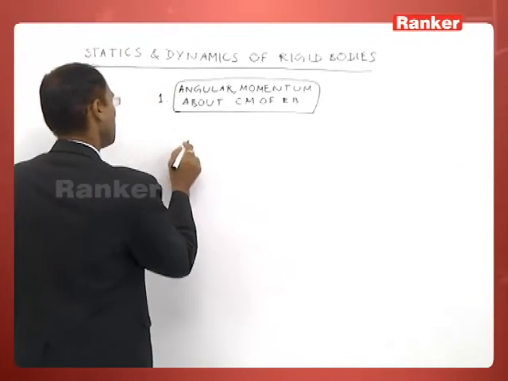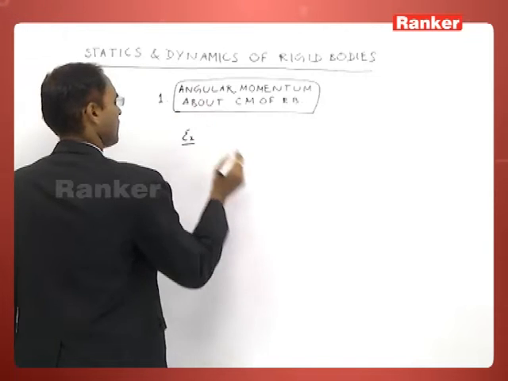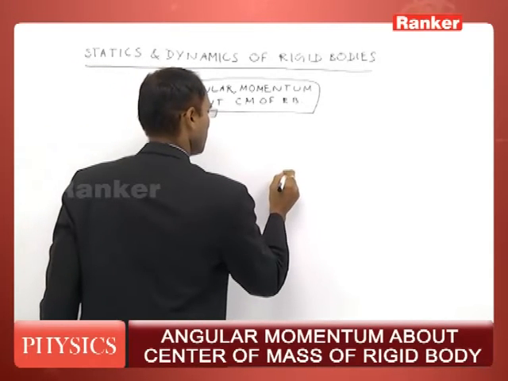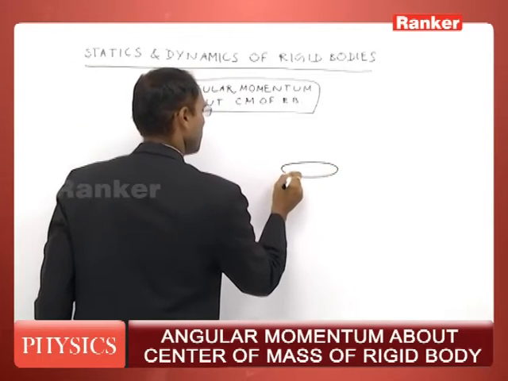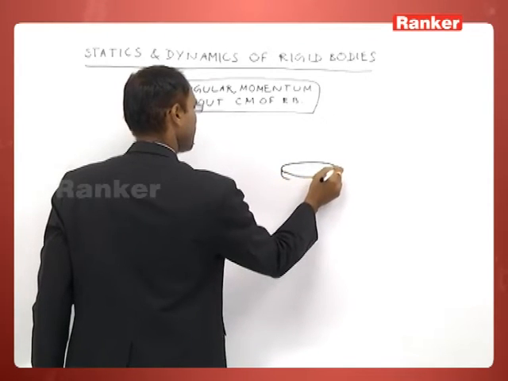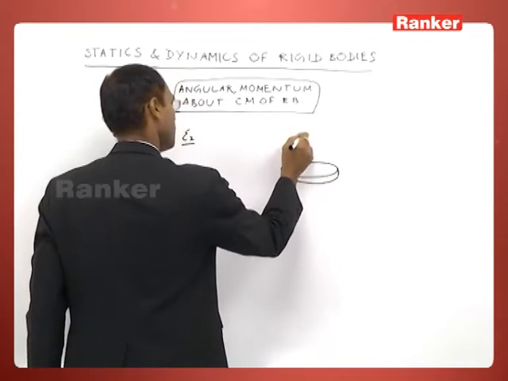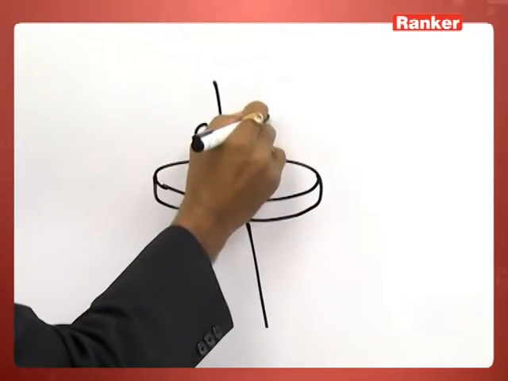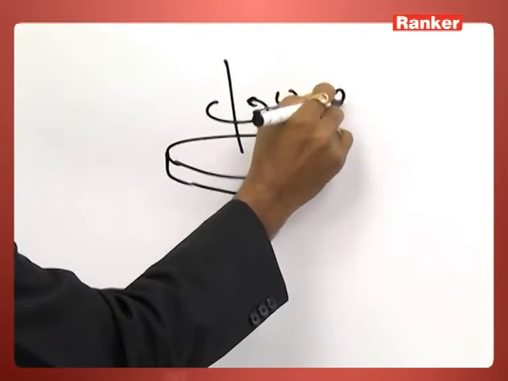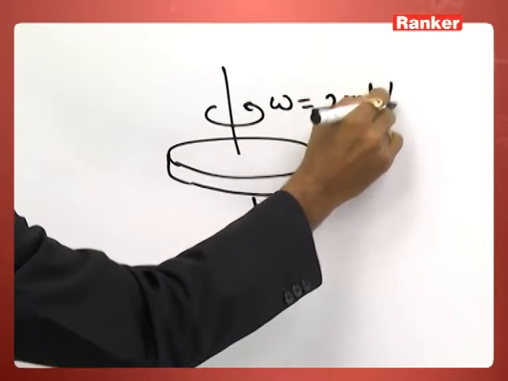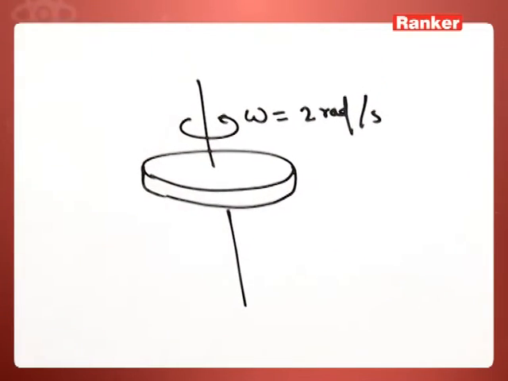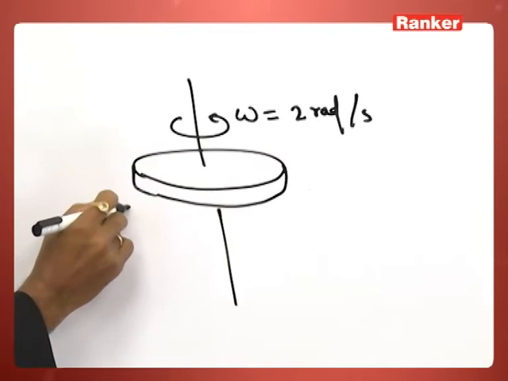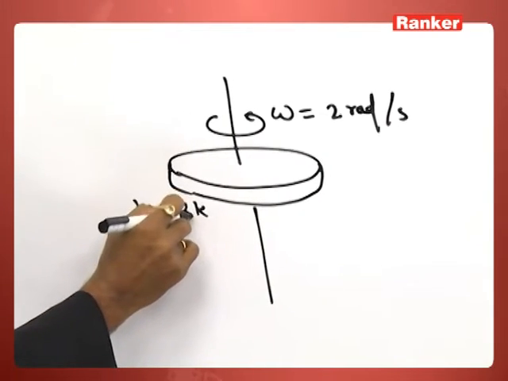Let us take an example. Let us take a disk. Let the disk rotate with an angular velocity omega equal to 2 radian per second. Its mass is 2 kg or 3 kg.